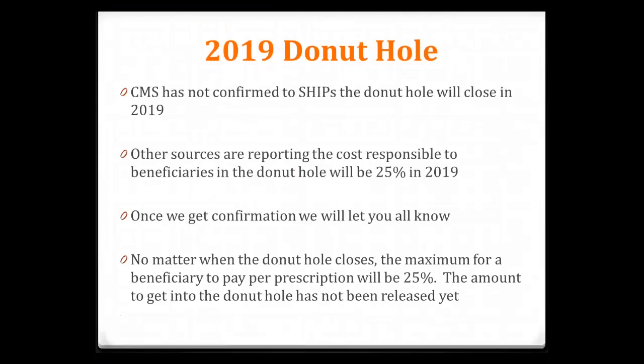The donut hole is closing, but it's not necessarily going away, because once you hit a certain amount of money, and that number hasn't been released either, a beneficiary could very well be charged by their drug plan that full 25% cost. Again, more information will be coming as we get it, but I wanted you all to be aware.